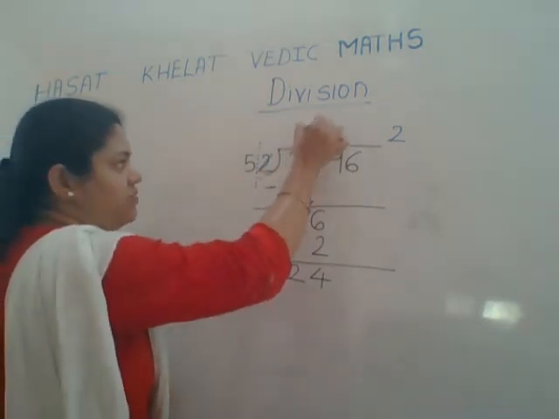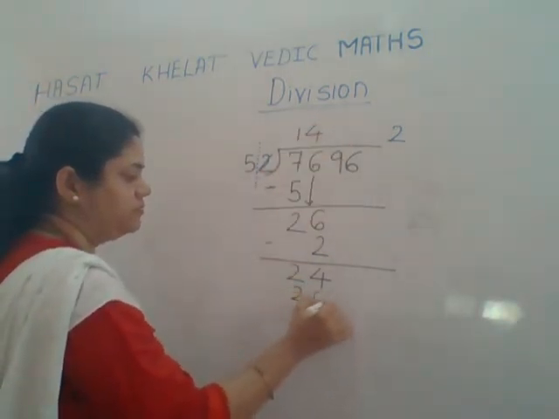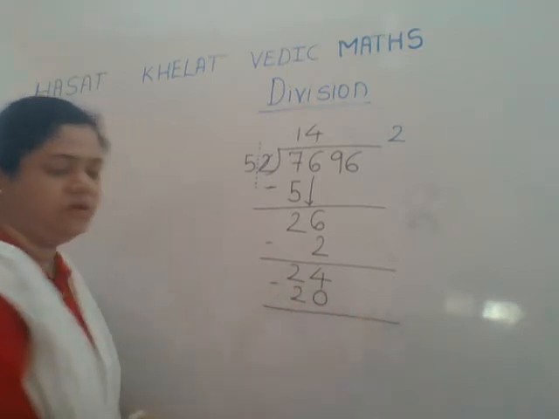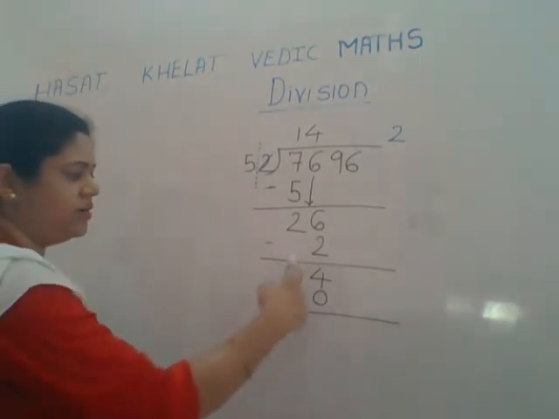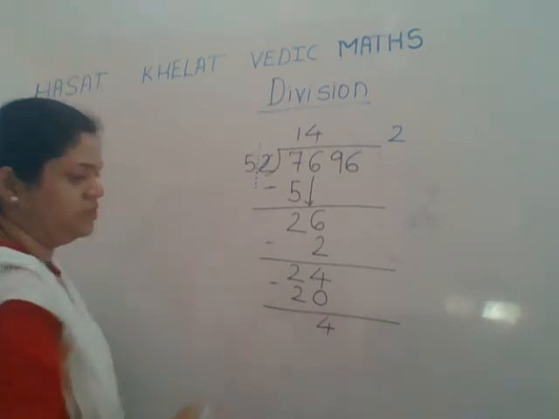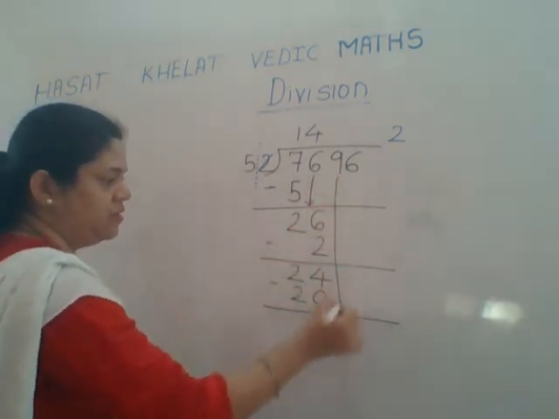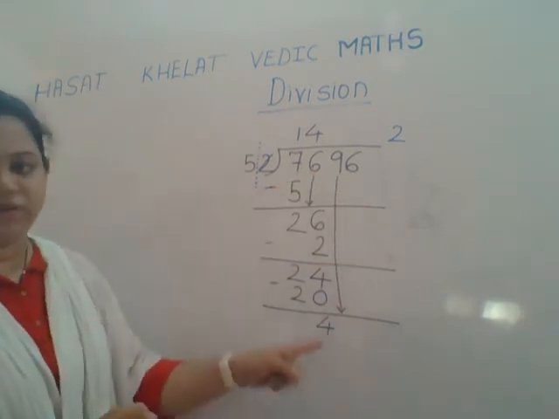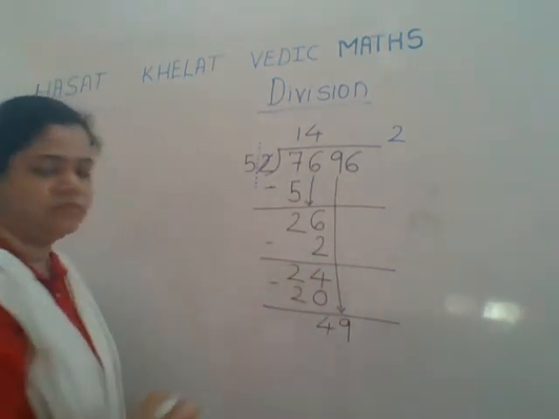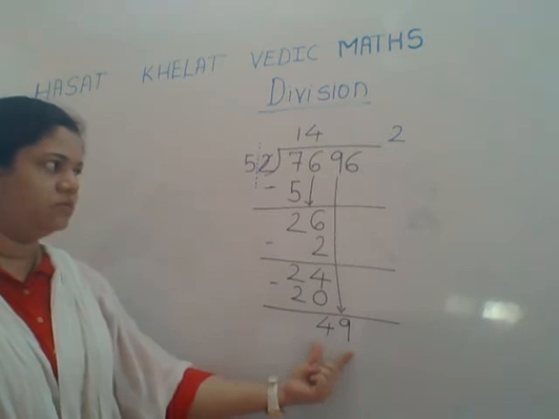5 fours are 20. Now 24 minus 20 is 4. 4 is not divisible, so I will take one number from the dividend, that is 9. It became 49 now.